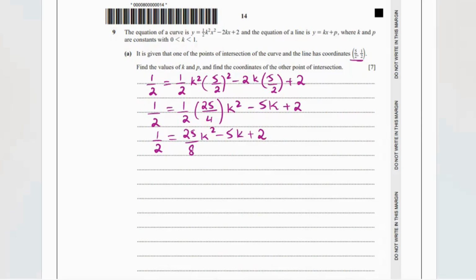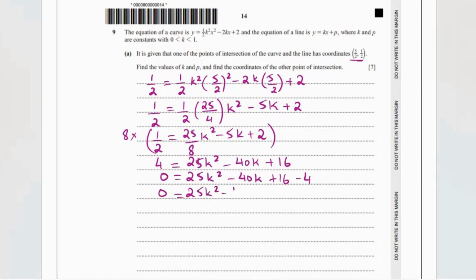If we multiply the entire equation by 8 to get rid of the fraction, that's going to be 4 equals 25k squared minus 40k plus 16. So 0 equals 25k squared minus 40k plus 16 minus 4, and that's going to be 12. Okay, so this is our quadratic equation just in terms of k.